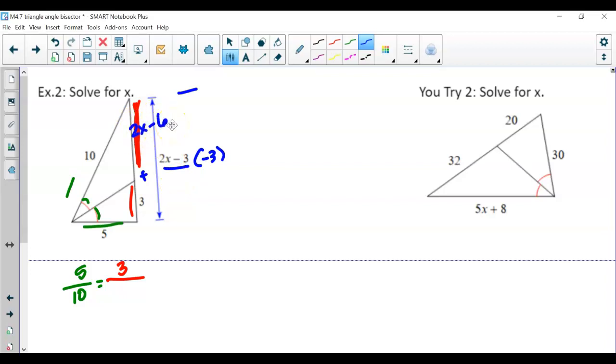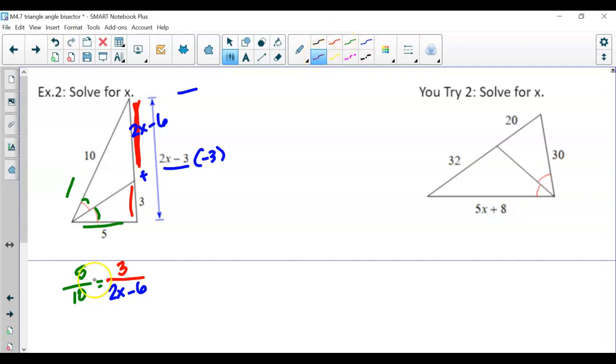Just to check, these two sections have to add together to equal the total, because we were taking away this 3 to figure out what the other piece is. Since it's the total and we're looking for a piece, we use subtraction. So 2x minus 6 plus 3 is 2x minus 3. So our other piece here is 2x minus 6.